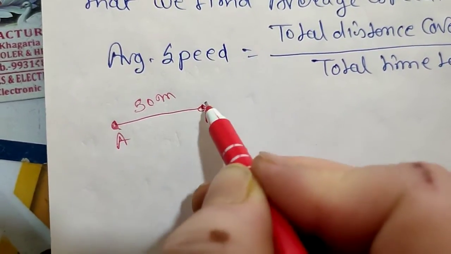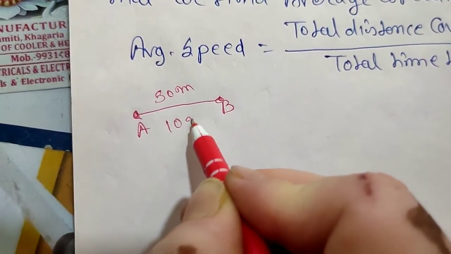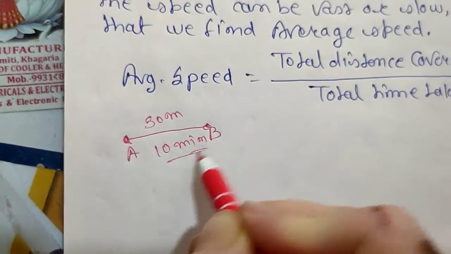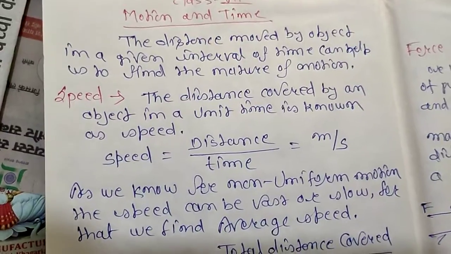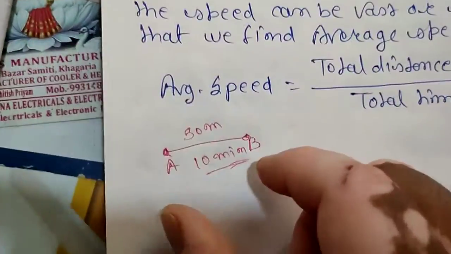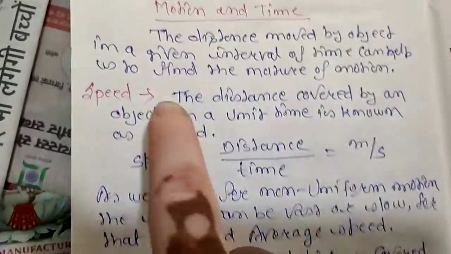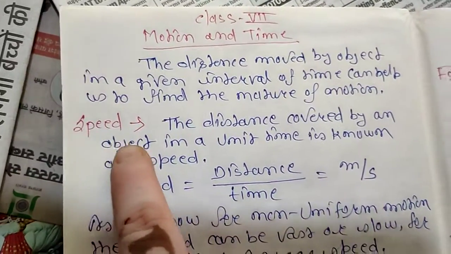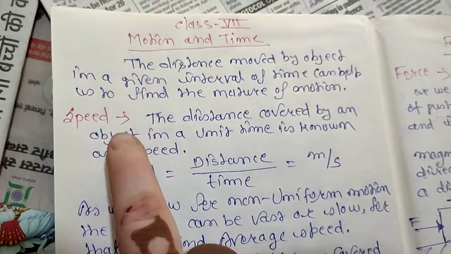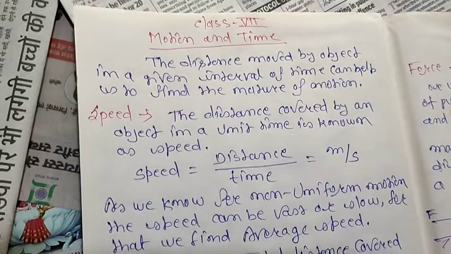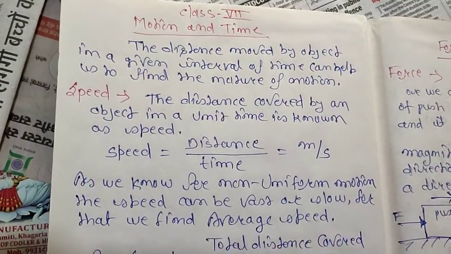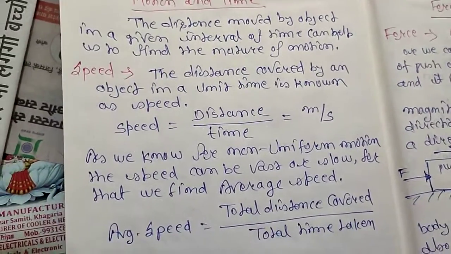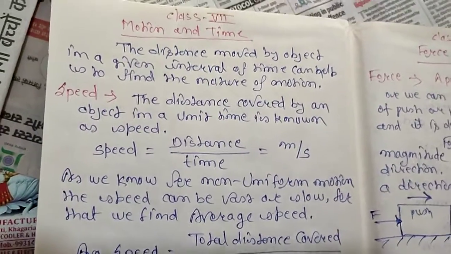If this is a certain distance covered in a certain time, then the distance covered in that time gives you the speed. And here starts the motion. The speed is the characteristic of the motion. It tells how the body is moving, whether fast or slow, or which kind of speed or motion it has.